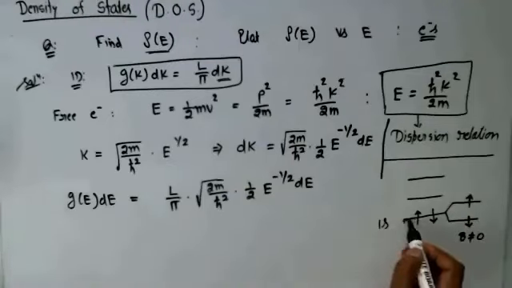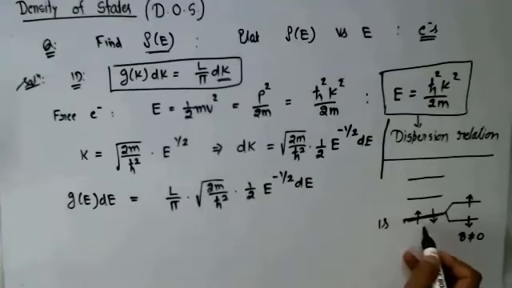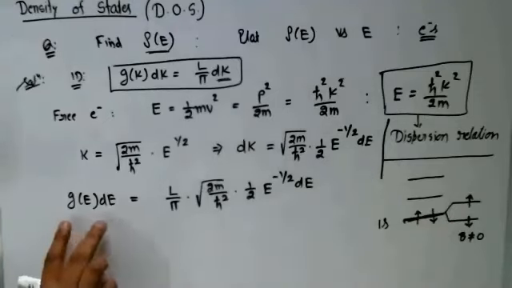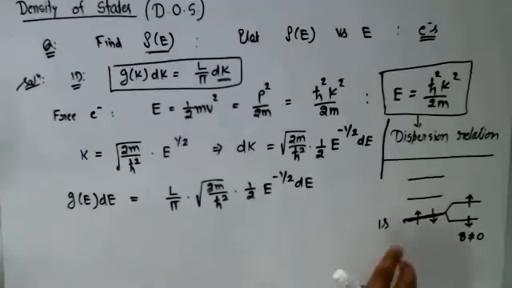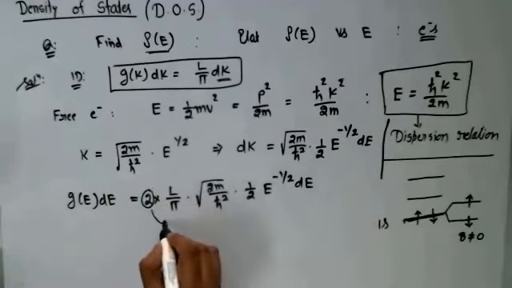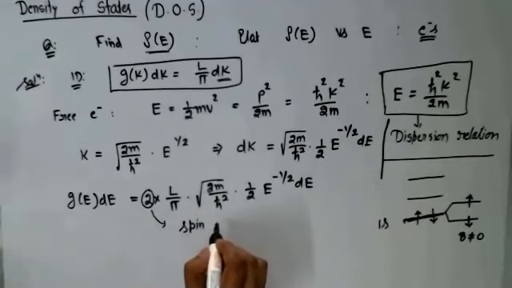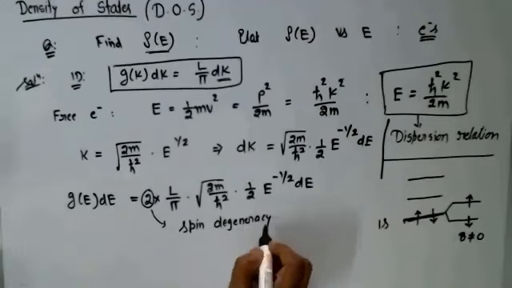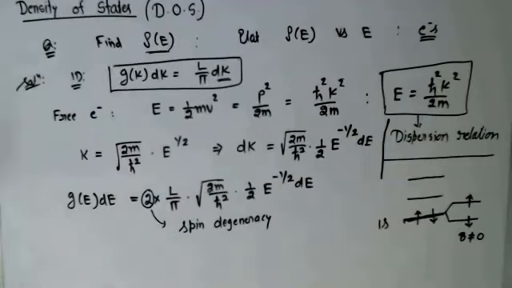So you have only one energy level, but in this energy level there are two electrons, meaning two quantum states. What you counted so far is just energy levels. To include the degeneracy factor you have to multiply by 2. So this 2 here represents the spin degeneracy. Did you understand why I multiplied by 2? Because in one energy level an electron can stay with two quantum states, two spins.